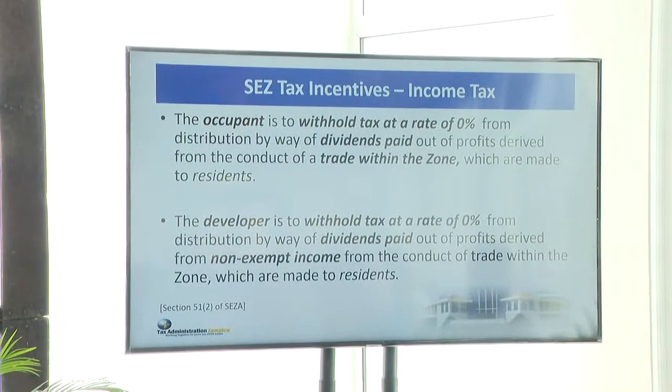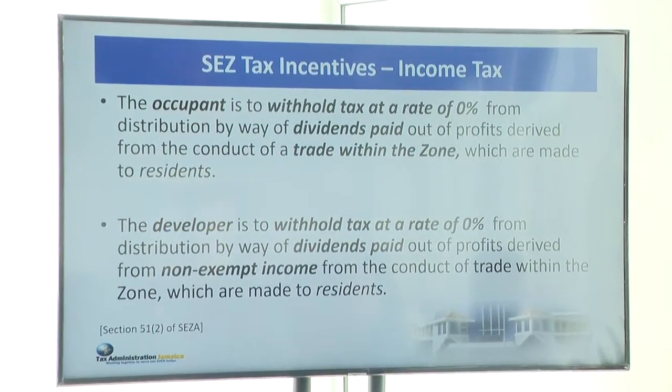So in relation to your withholding tax obligation, from the incentive point of view, the occupant is required to withhold tax at a rate of 0% from distribution by way of dividends paid out of the profits from the conduct of a trade within the zone.